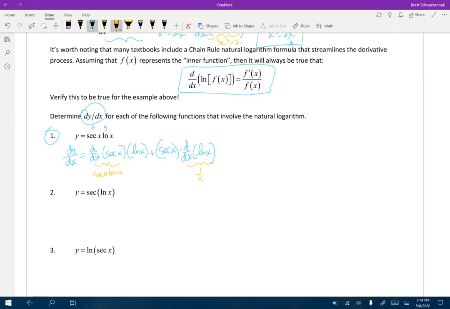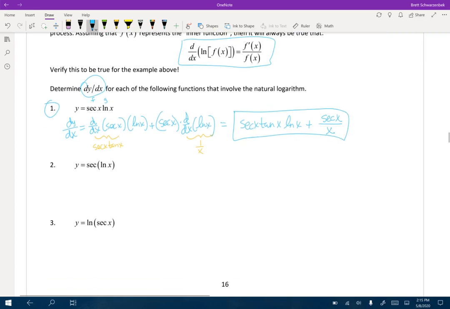We can then simplify this to secant x tangent x natural log of x, plus secant times 1 over x. So secant goes to the numerator, and we get x in the denominator. So this is the derivative of secant times natural log.